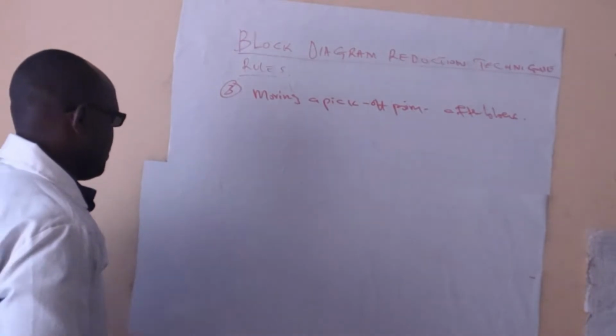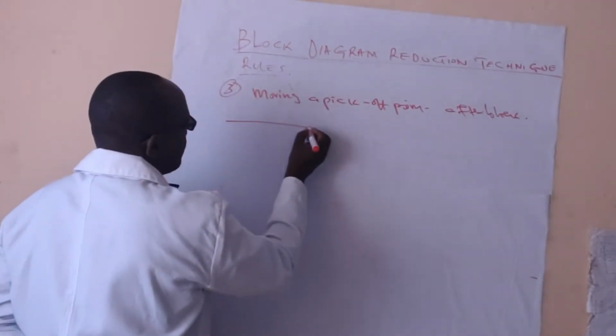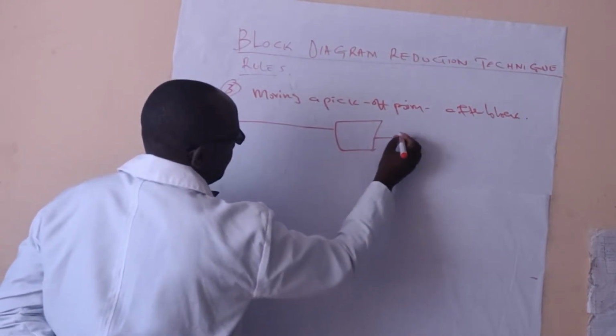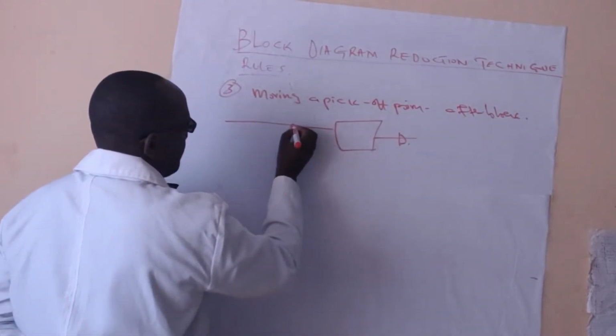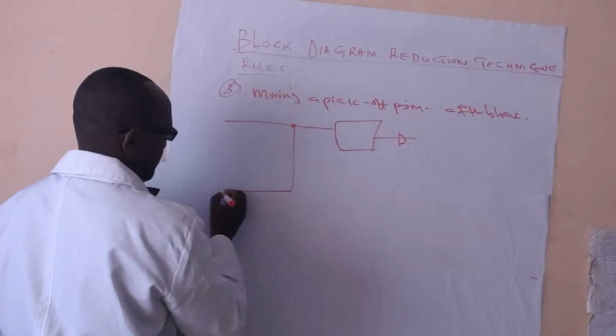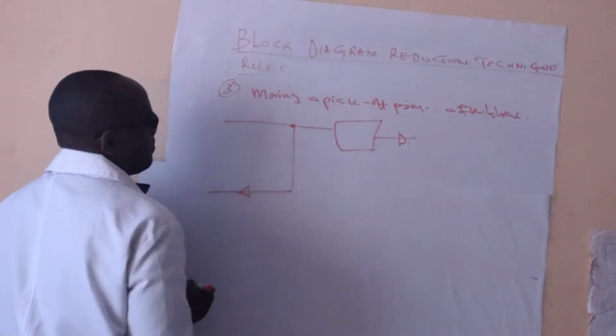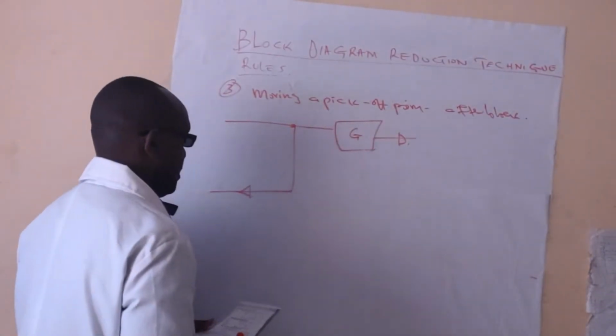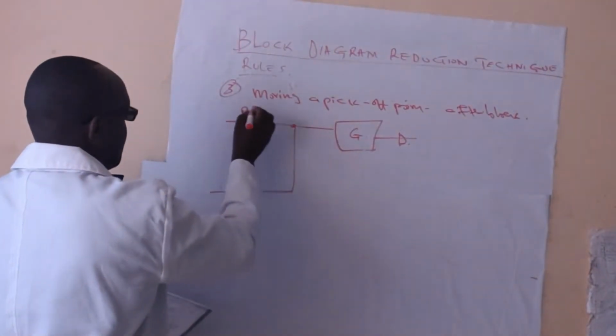For example, we can have this. This one is G. This is the input.